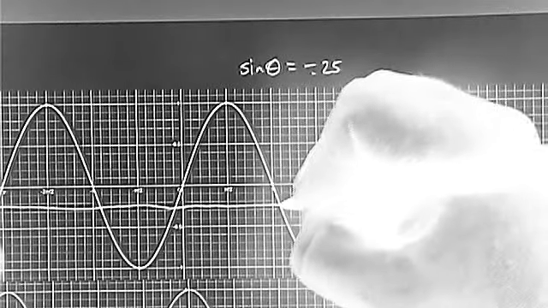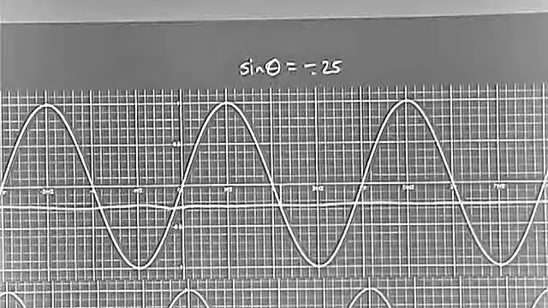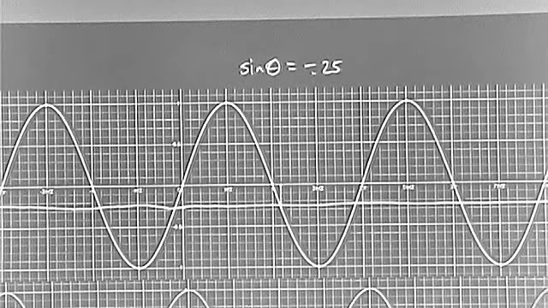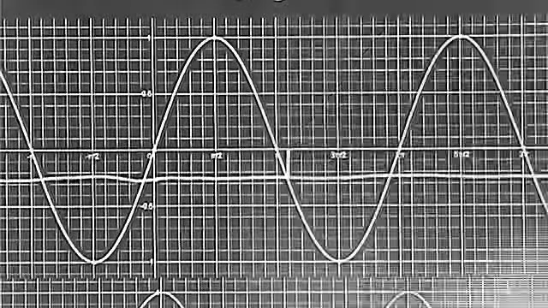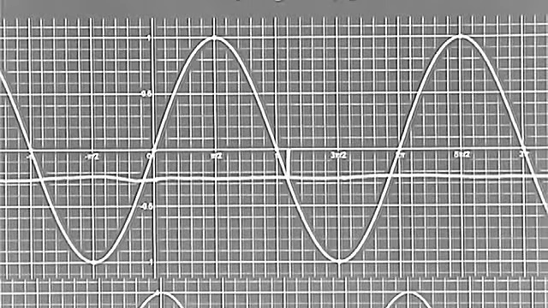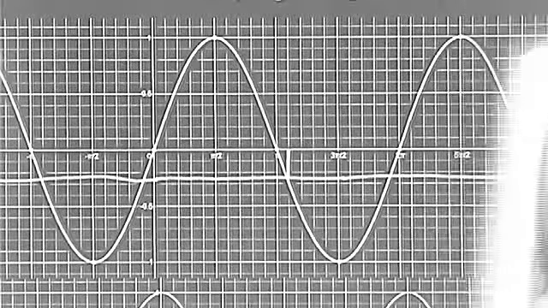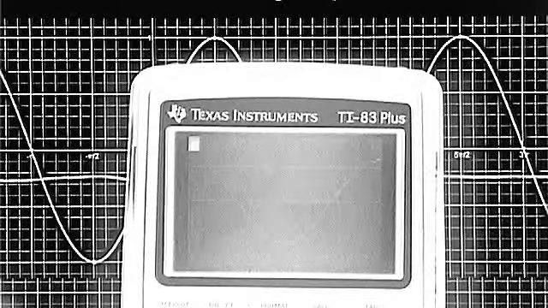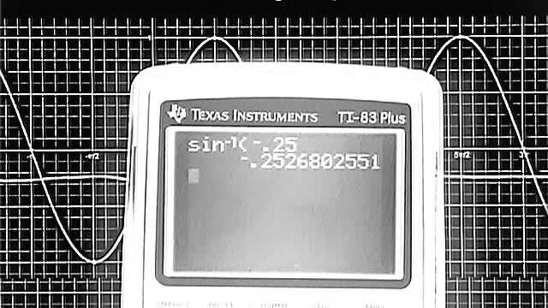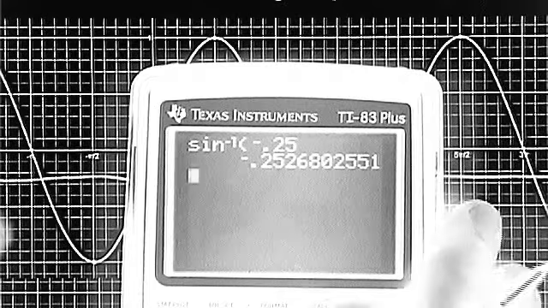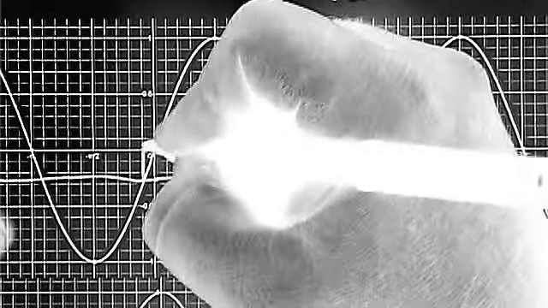According to the picture I've got here, one of the solutions is just a little bit bigger than pi. It would be interesting if you did the inverse sine of negative 0.25, if you knew where that answer is: negative 0.253. I hope you all realize that's right here.